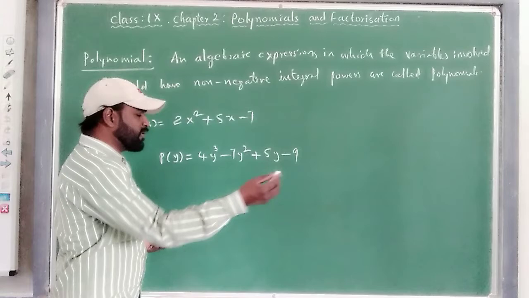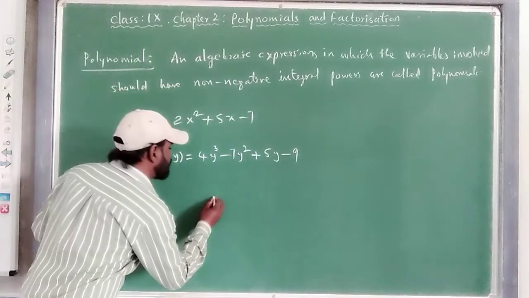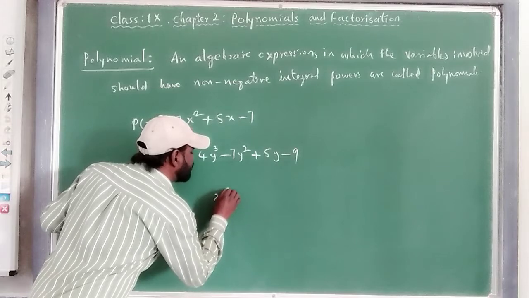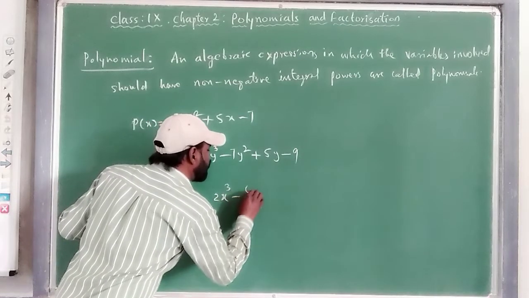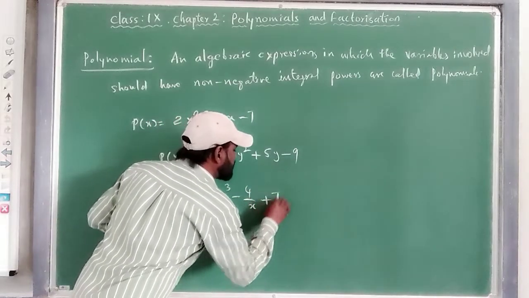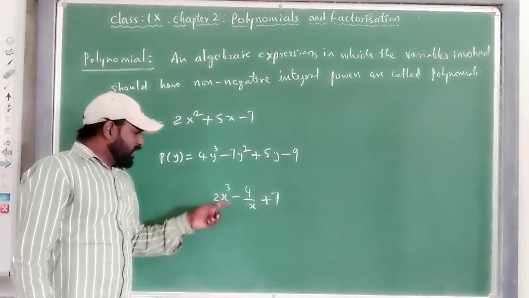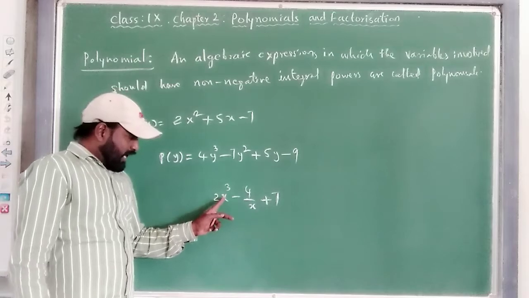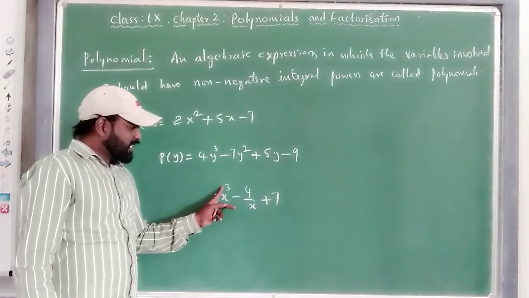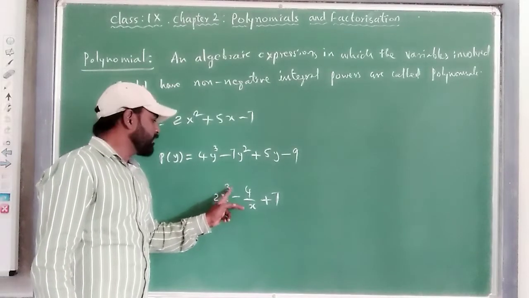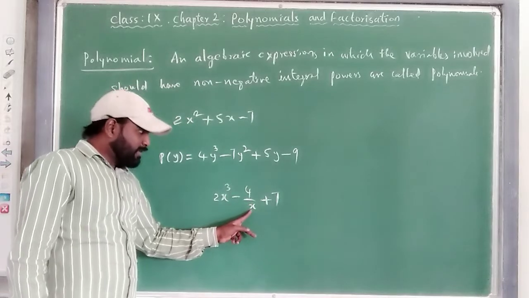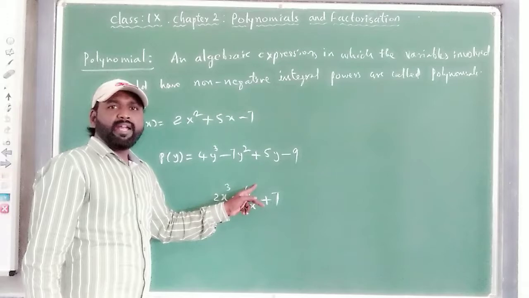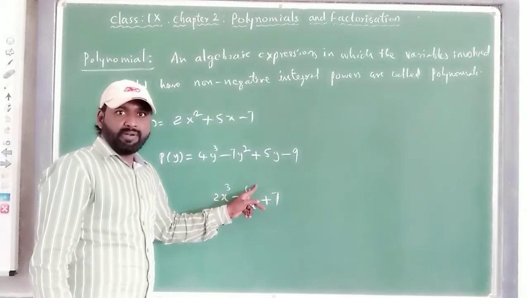Like that. For example, one more algebraic expression I will take now: 2x cube minus 4 by x plus 7. Here the first term is 2x cube, the variable is x, its exponent is 3. But in 4 divided by x, the exponent of the x, if you bring it up to the numerator, will become a negative integer.